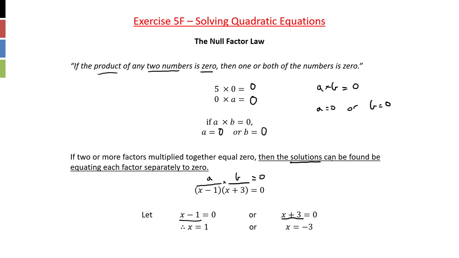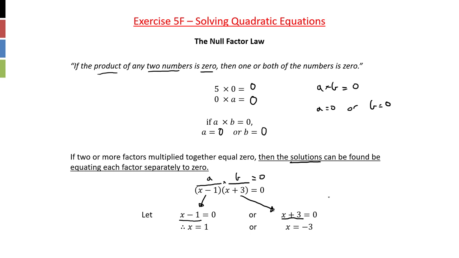So we let this bracket equal to 0, and then we let this set of brackets equal to 0. We then just solve like normal using our symbolic manipulation skills, algebra. Add 1 to both sides, so we get x equals 1, or in this case we take 3 from both sides, we get x equals -3.